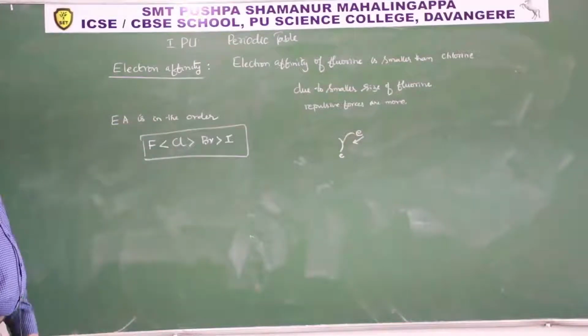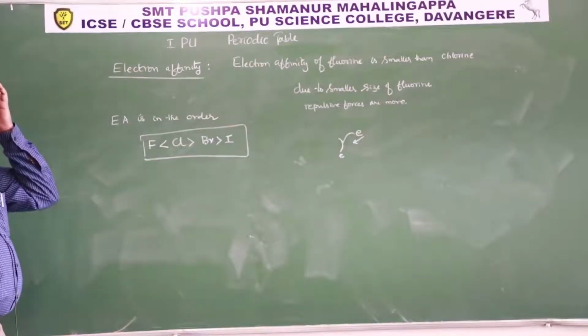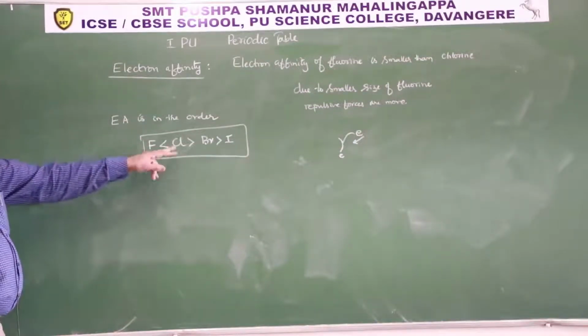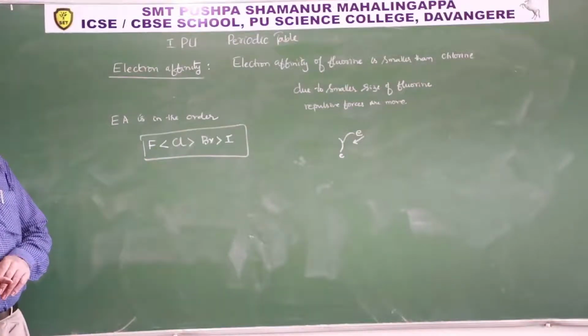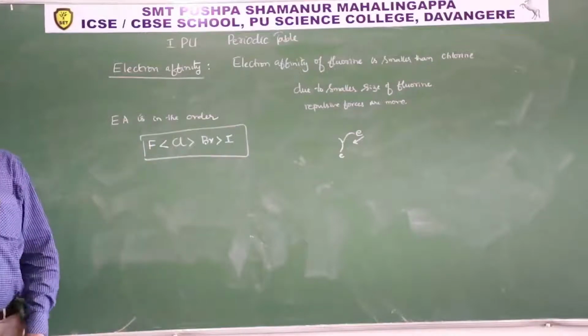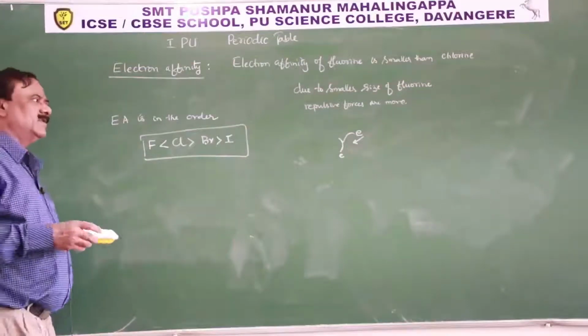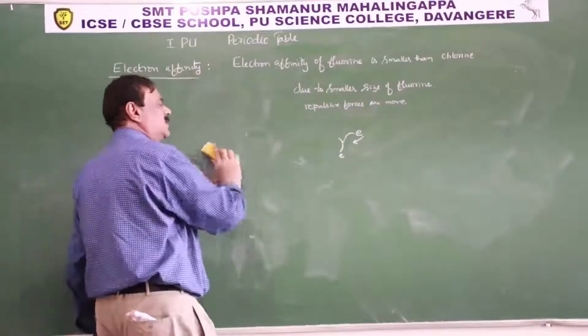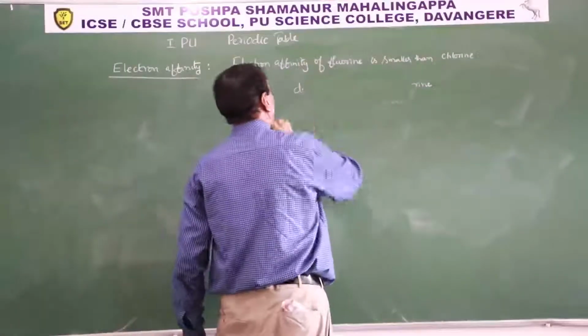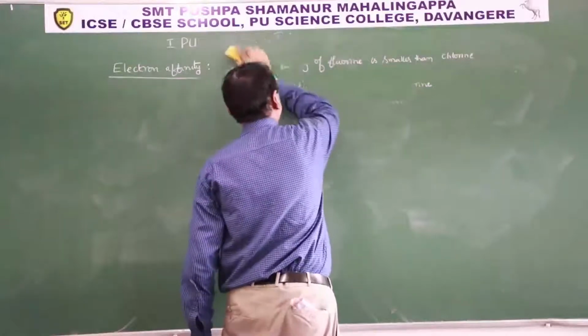Among all halogen family elements, chlorine has the highest electron affinity. Therefore, the ion formed by chlorine, the chloride ion, is the more stable one. Whereas in the case of zero group elements, they have the octet electronic configuration.